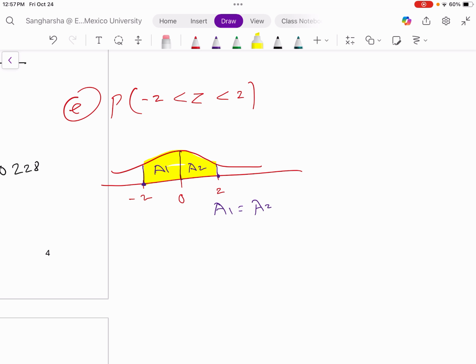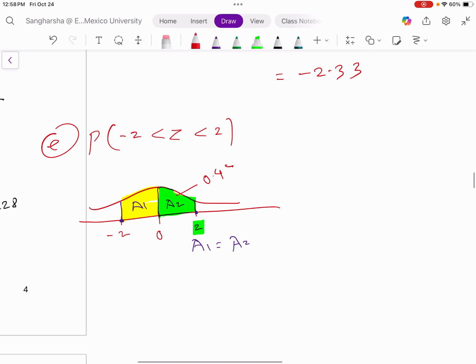Now we can find area A2 with the help of the G table. We know this area from part C, which is 0.4772. You look at 2.00 on your G table, and you get the area of this part as 0.4772. Area A1 will also be the same, 0.4772.